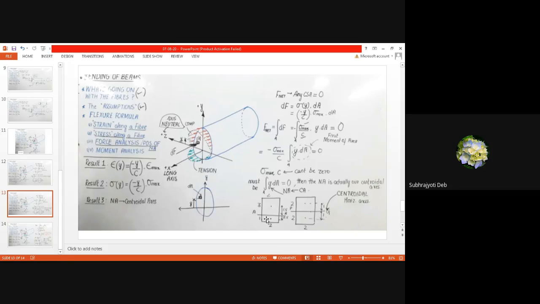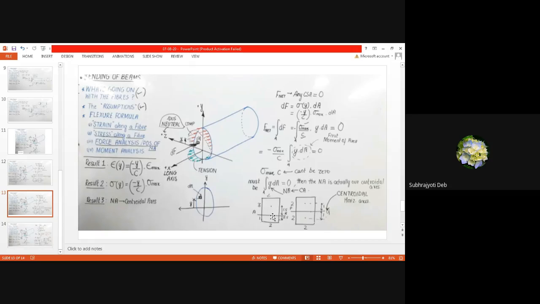No, just consider this section. Its width is 2, and its length is 4, since 3 plus 1 is equal to 4. We want to find the position of the centroidal axis. That was our objective.